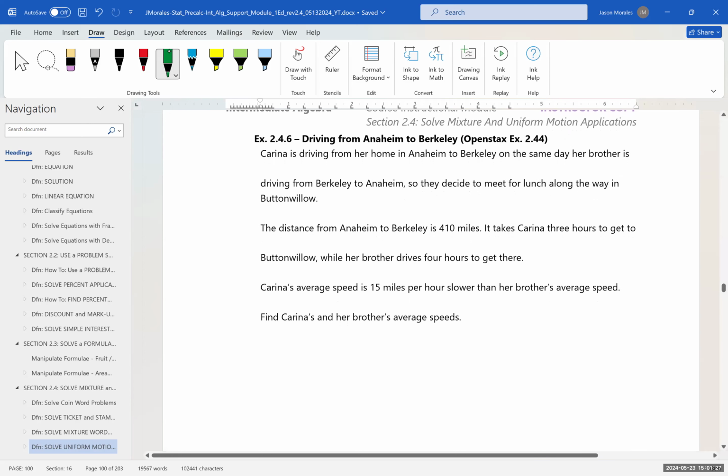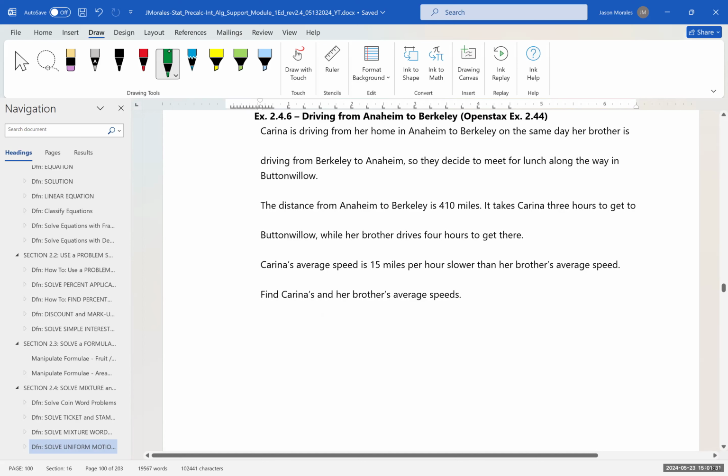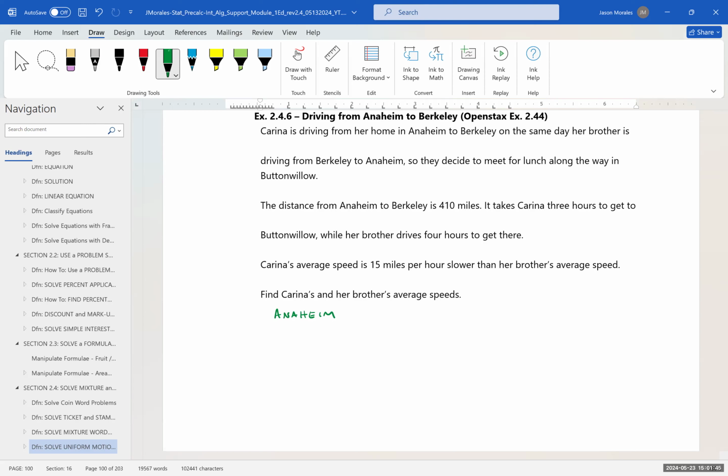All right, so let's first begin by trying to draw a picture of what it is that we're looking at. So we've got Anaheim and Berkeley. Okay, so that's going to be like our start and end points. So we have Anaheim, and then we've got Berkeley.